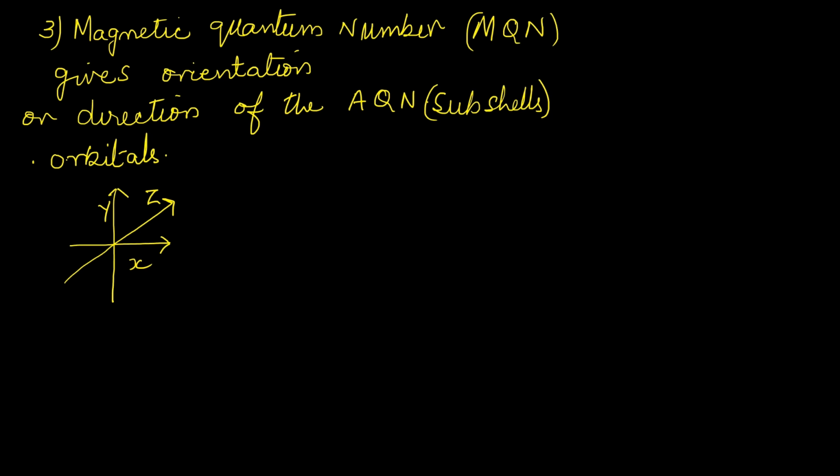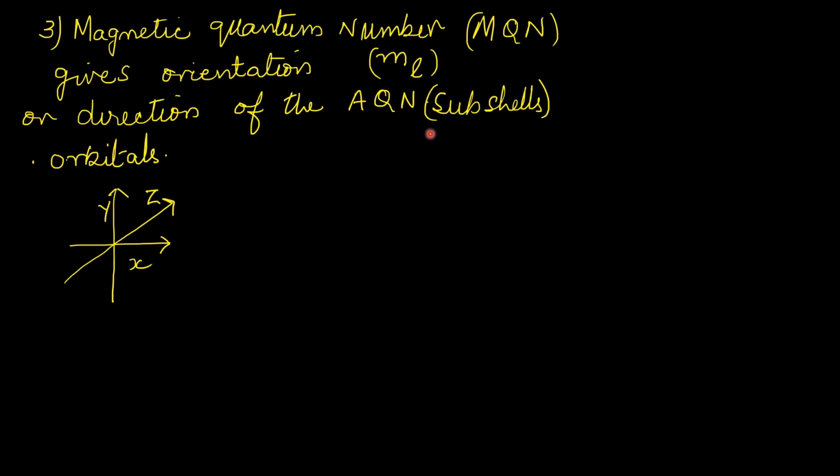In between these three, other directions are also possible. We will discuss all that soon. The nucleus is supposed to be in the center where these three coordinates intersect or meet. Magnetic quantum number is represented by the letter ml.